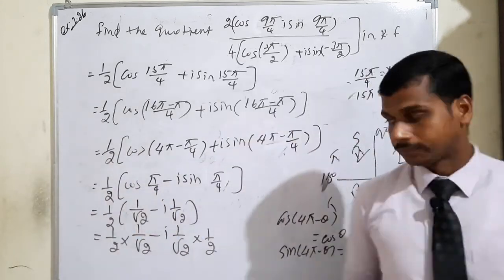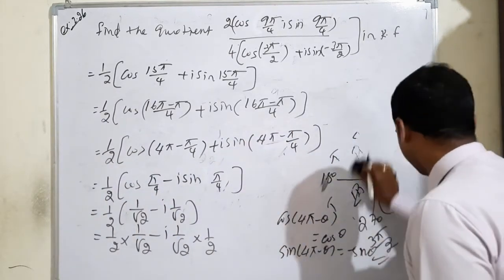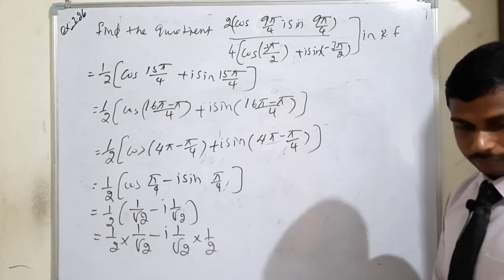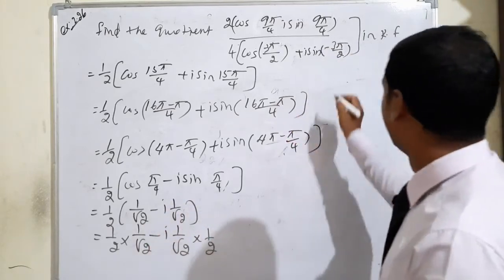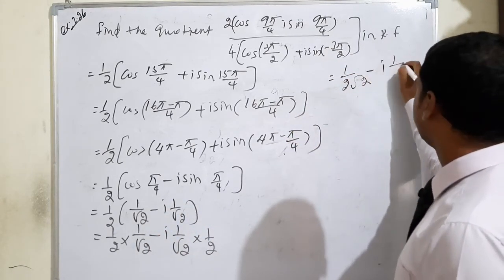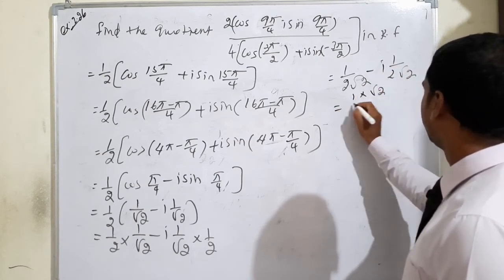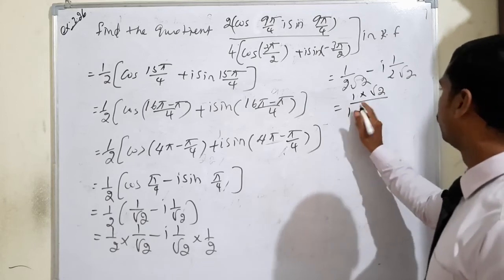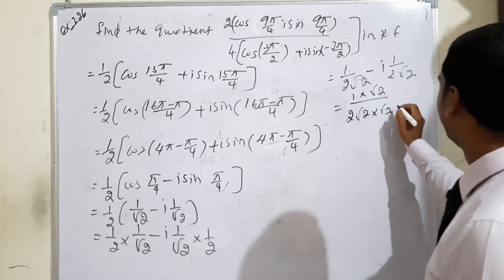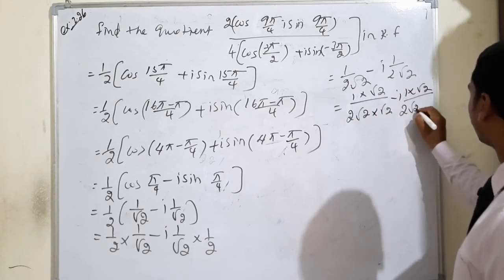Therefore the conjugate we can write as 1 by root 2 minus i 1 by root 2. So again, for the conjugate, multiplying both sides by root 2, what will happen? 1 into root 2 divided by 2 root 2 into root 2, again minus 1 into root 2 divided by 2 root 2 into root 2.